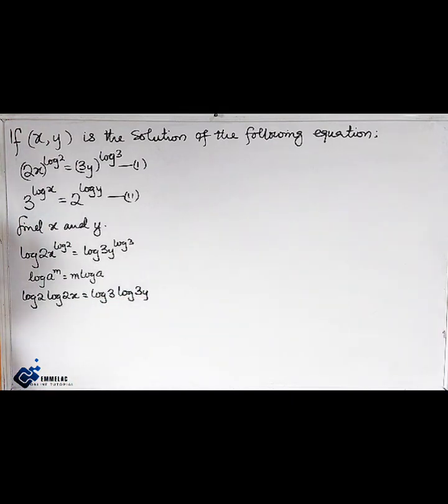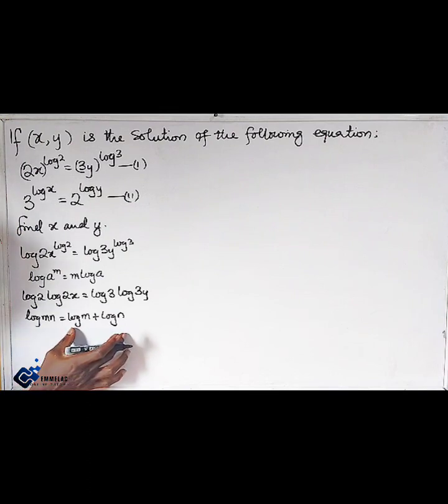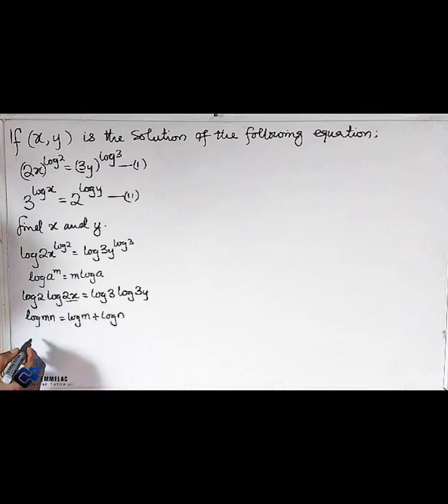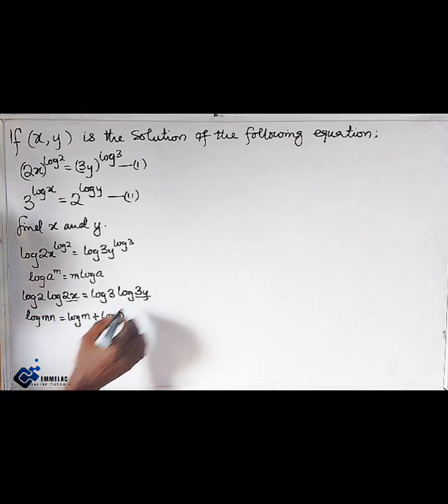Now also let us recall that according to the law of logarithm, when you have log mn, which is a product, this will give you log m plus log n. If this is true, then let us apply this rule to the above equation. You can see here we have a product, and here we have a product.